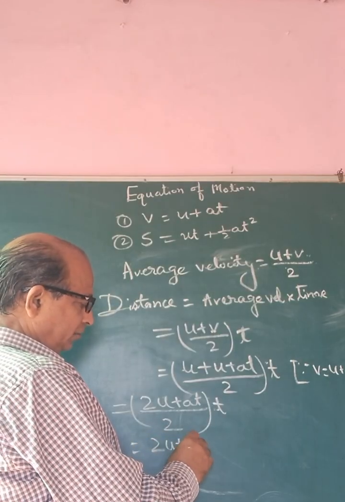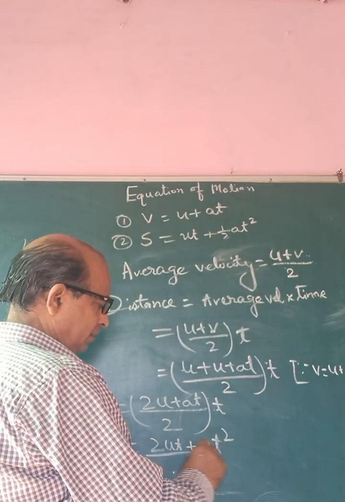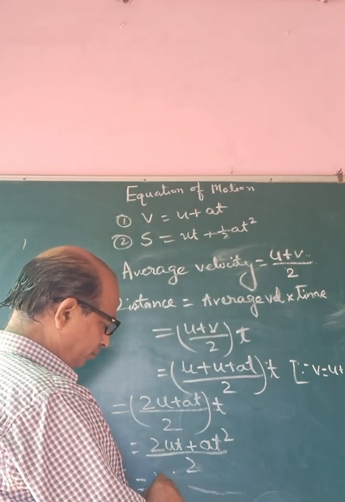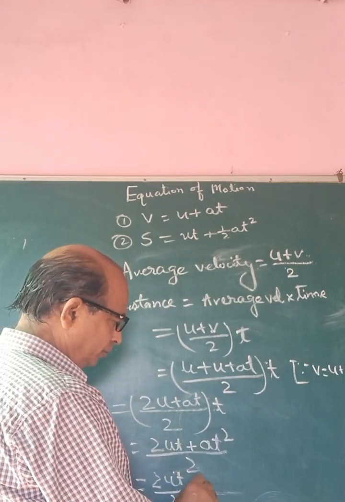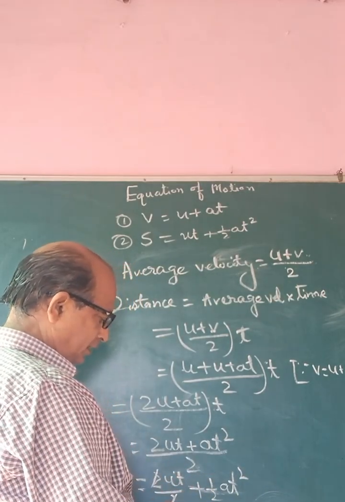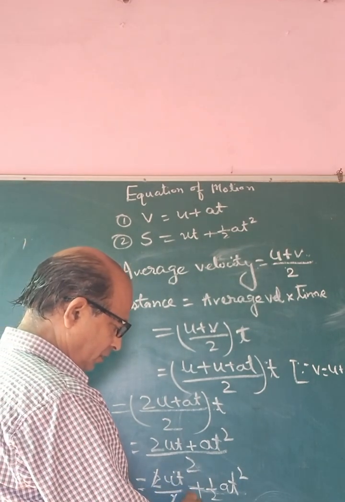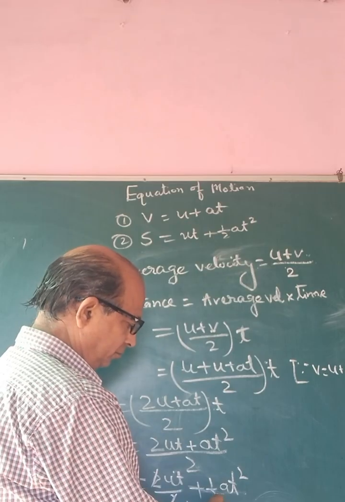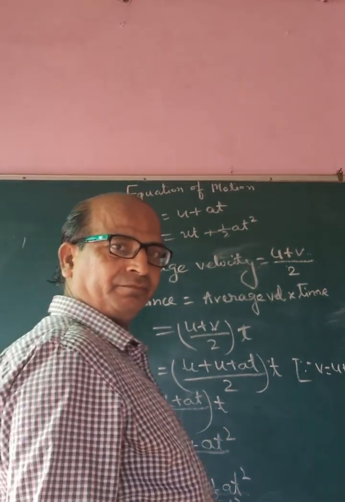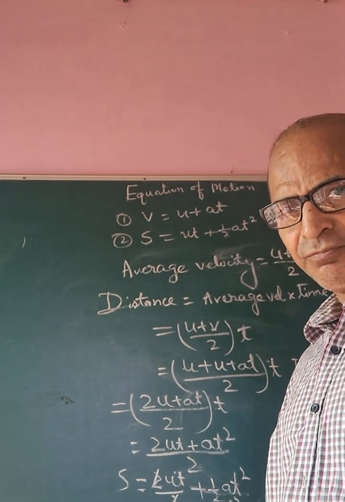So 2ut plus at into t, that is at square, divided by 2. So s is equal to 2ut by 2 plus at square by 2, that is s is equal to ut plus half at square. So this is the second equation of motion.